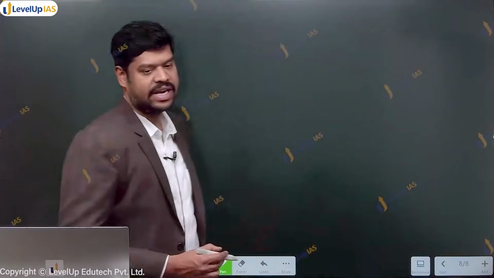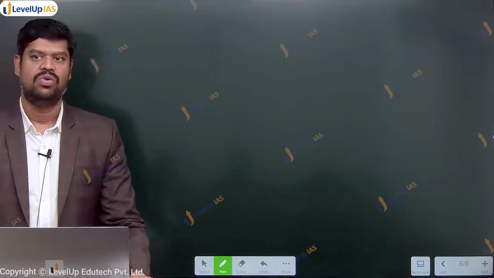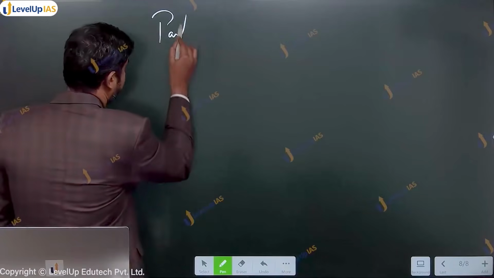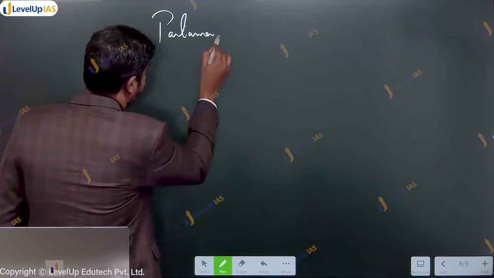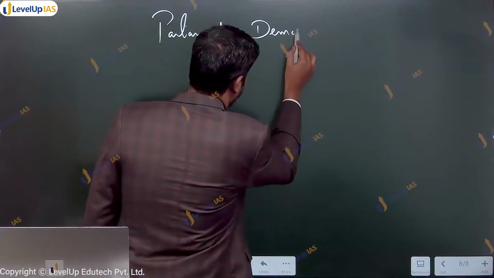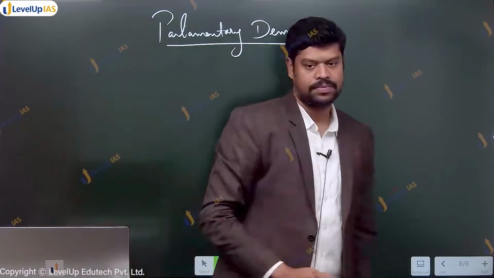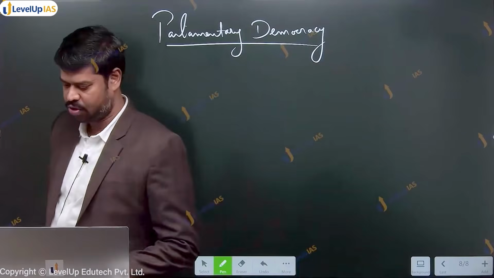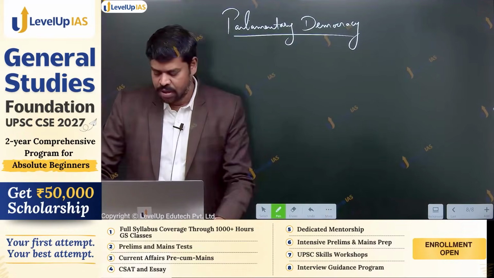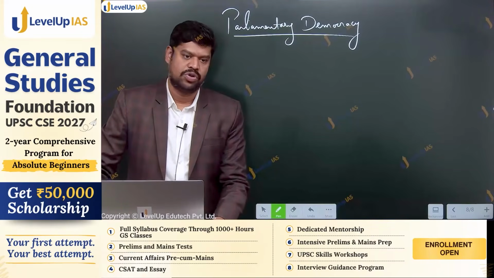So have you got a basic idea of what is democracy and what are the essential features of democracy? Now come to the next topic, parliamentary democracy. What does it mean by a parliamentary democracy?